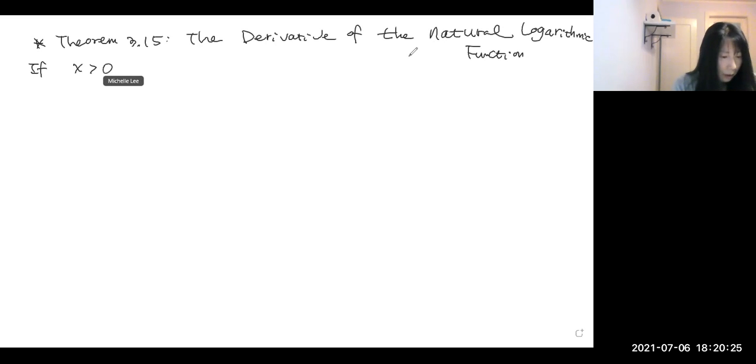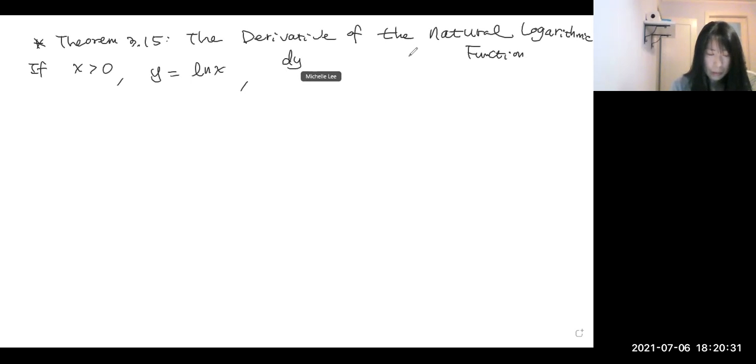X is positive, y equal to ln x. Then we take the derivative of y. Then we get 1 over x.